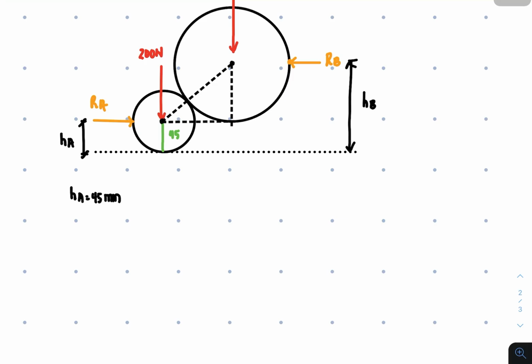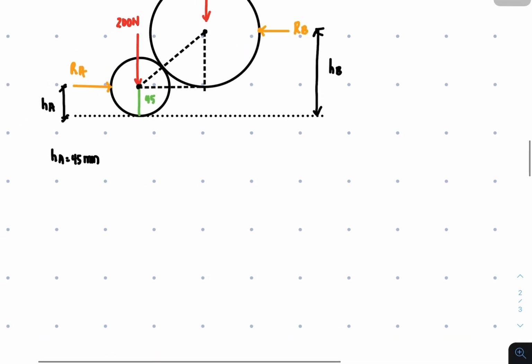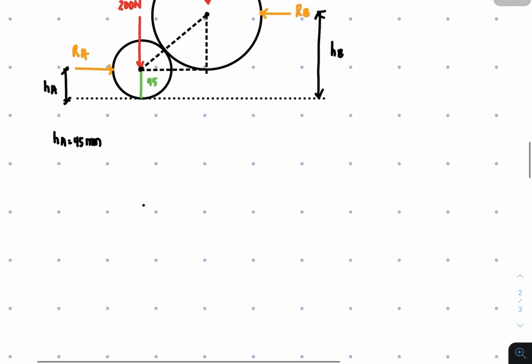So how do we measure this triangle? From the illustration, we could create a triangle from this one.